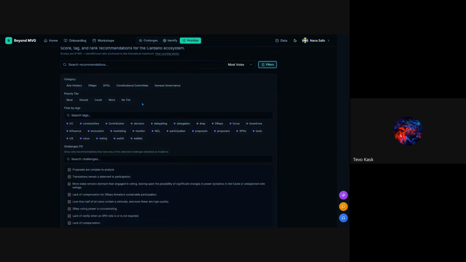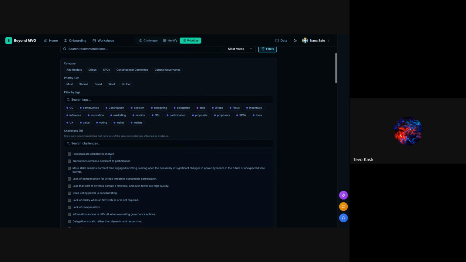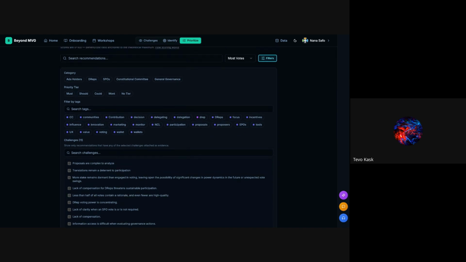And I added the challenges part of filtering. So if you are ticking these boxes, maybe what we could do for the first few minutes is use this filtering mechanic to find what interests you. Like Eric mentioned, let's target SPOs, for example.